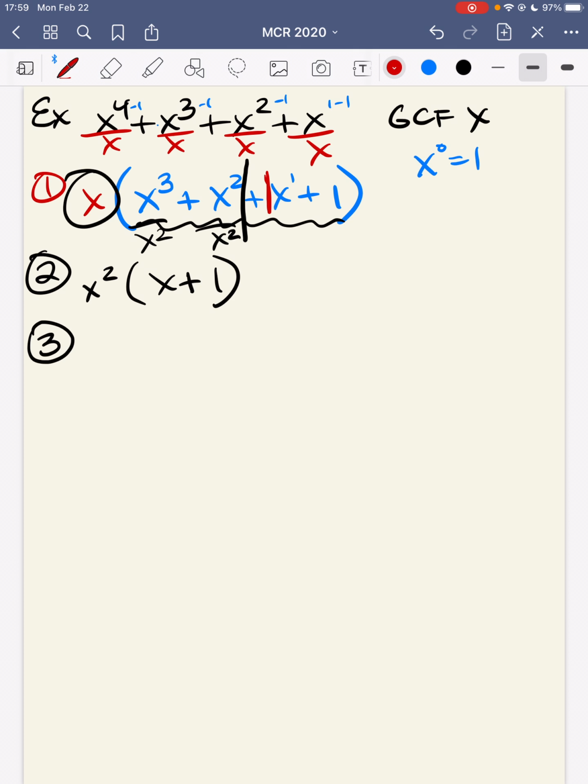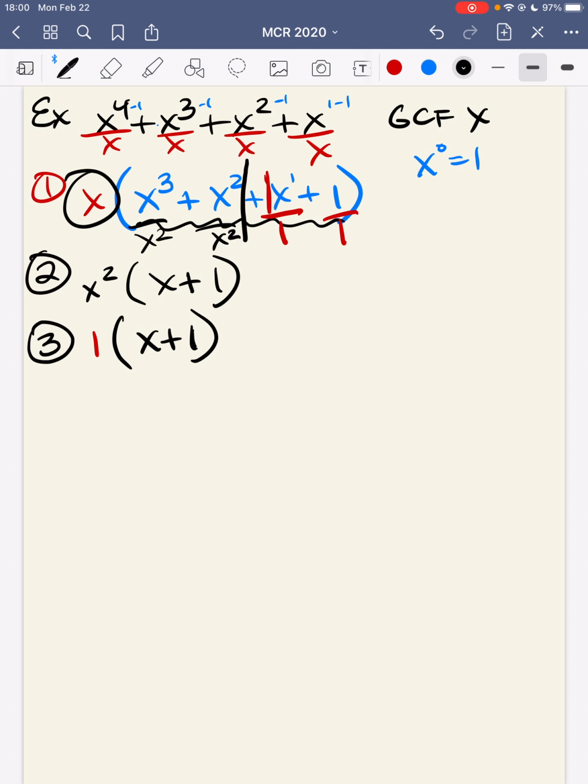So if you don't see anything, they have a 1 in front. And it's very important that we still go ahead and take that out. So these need to be divided by 1. Okay? So when I take a 1 out, I do need to write it, and write the leftovers in a set of parentheses, which is x plus 1.